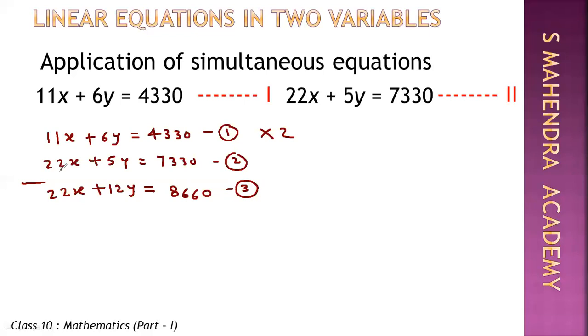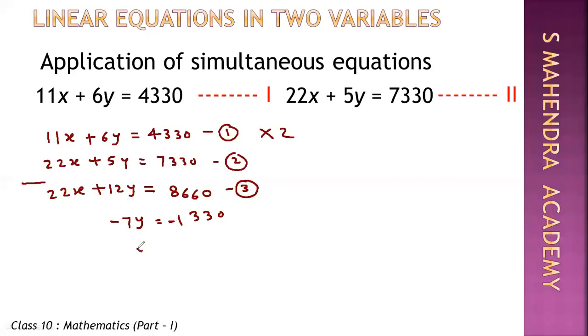So 22x minus 22x will be 0, 5y minus 12y will be minus 7y, and 7330 minus 8660 will be minus 1330.